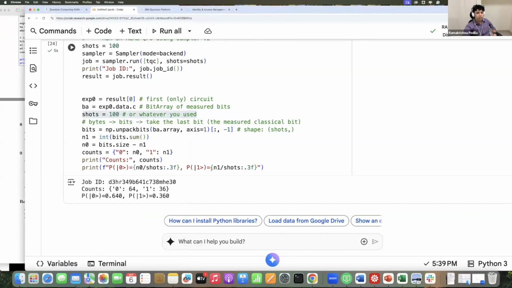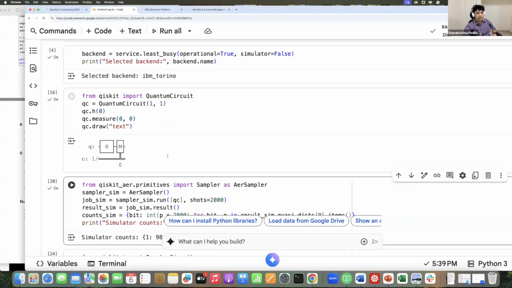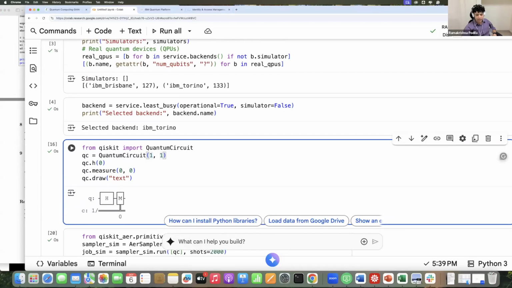So to create a 2-qubit state, you need to create 2 qubits, right? And we want to measure 2 qubits. So now when you do 2 qubits, you can apply the gate either on the first qubit or on the second qubit. Okay, so let's see.